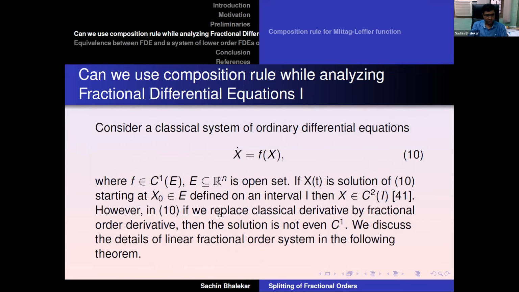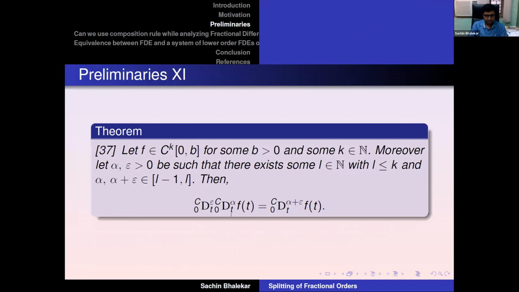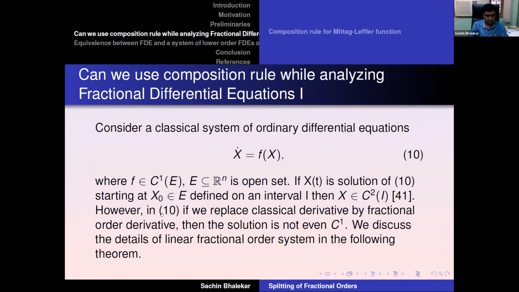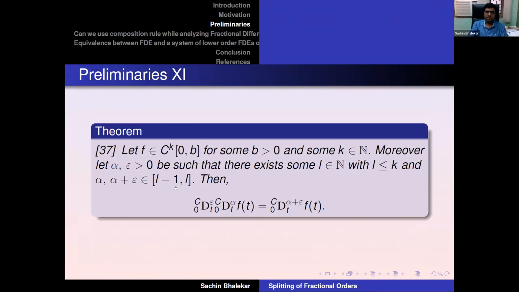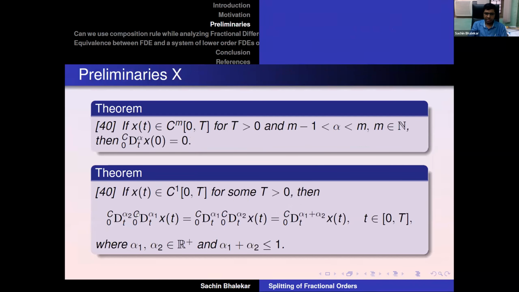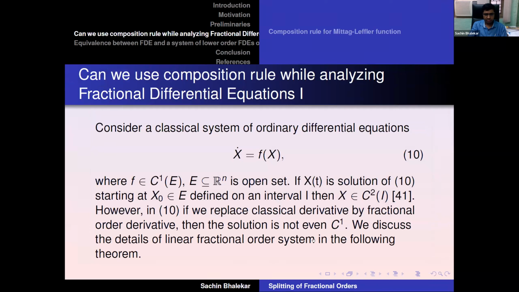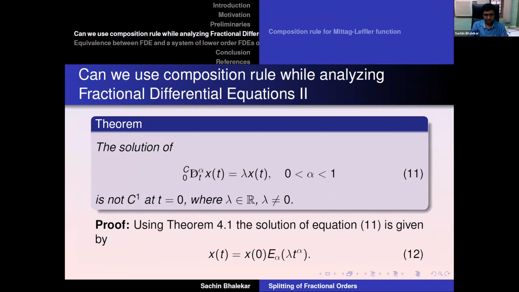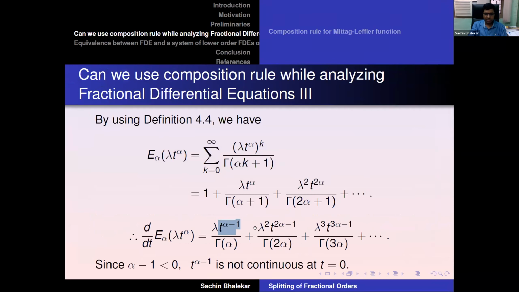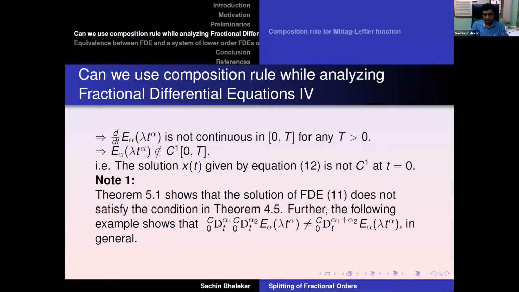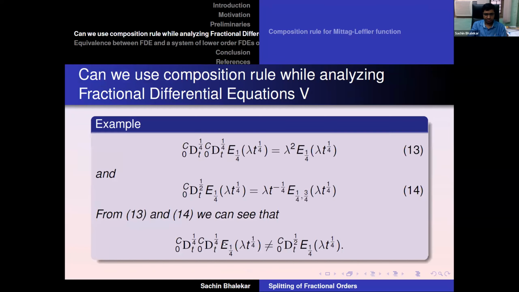Theorem 4.5 means this one: if the function is continuously differentiable, then under the condition alpha 1 plus alpha 2 less than or equal to 1, we can have such a nice result. But the Mittag-Leffler function does not satisfy this condition, so we cannot expect such a thing. D^alpha1 D^alpha2 of the Mittag-Leffler function is not equal to D^(alpha1 plus alpha2) in general. Here we see one example.